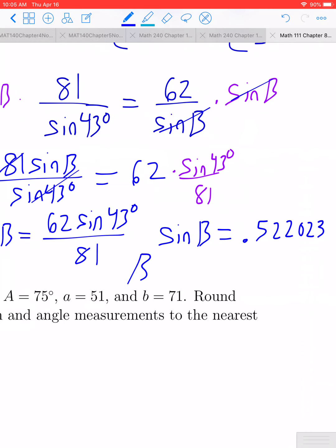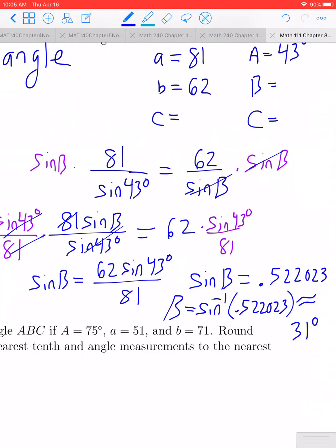I can solve for B by applying the sine inverse to both sides. So B is going to be equal to the sine inverse of that 0.522023 number. And we were asked to round our angles to the nearest whole degree. So if I do sine inverse of 0.522023, we would get 31.46, which is going to round down to 31 degrees. So we know B is going to be 31 degrees.